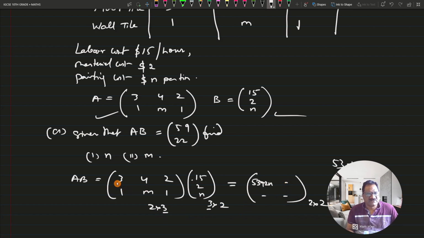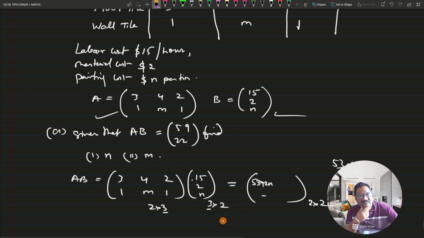Now, this is a 2 by 3 matrix, and this is a 3 by 2 matrix. If you multiply this out, you will get a 2 by 2 matrix. Wait, this is 3 rows and 1 column, right?